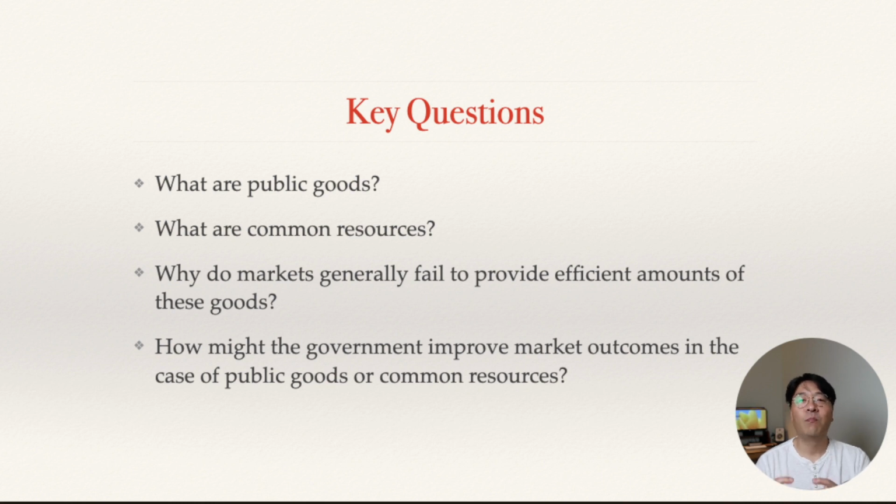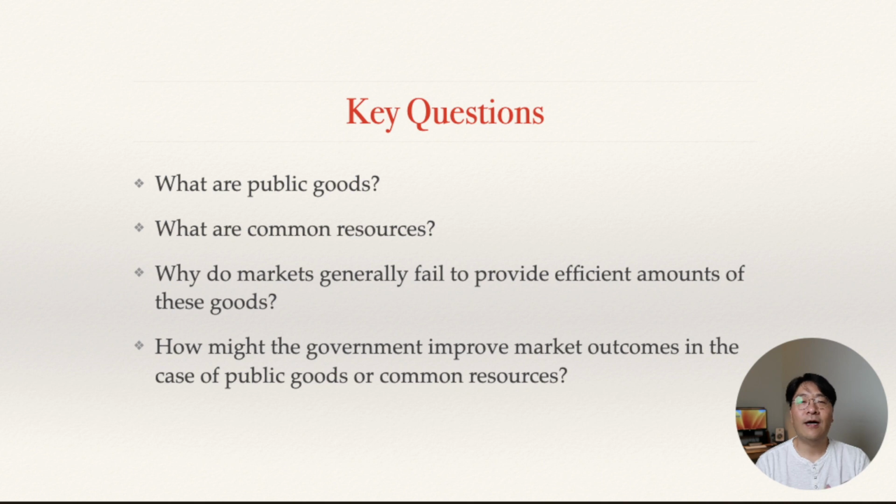And we are more focused on public goods and common resources today. Because for common resources, we touched a little bit on externalities, and furthermore the reason why government should intervene in the market is initially from the public good point of view.